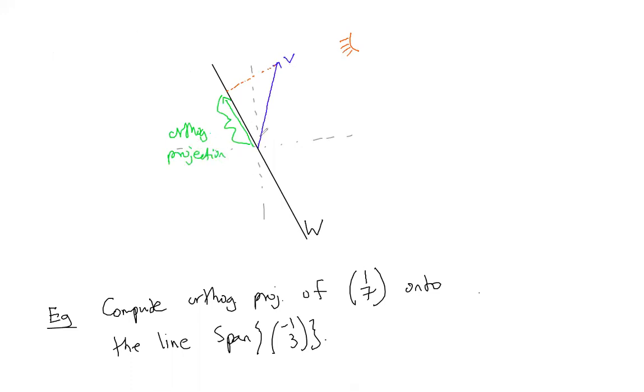The orthogonal projection should always live inside your space W. This is W. Let's call this V hat. So how do we solve for this? We want the difference between them, V minus V hat, to be orthogonal to W.